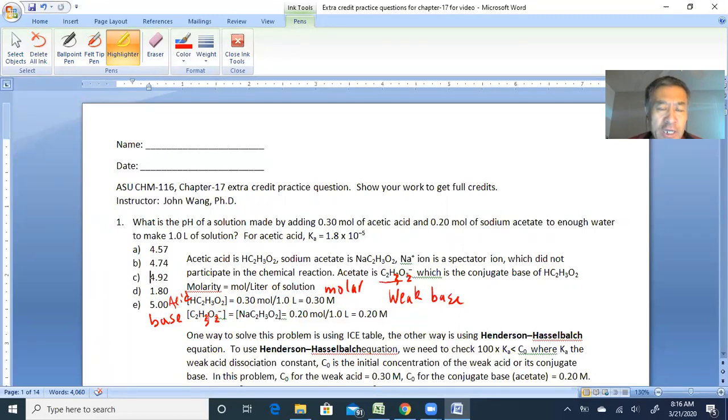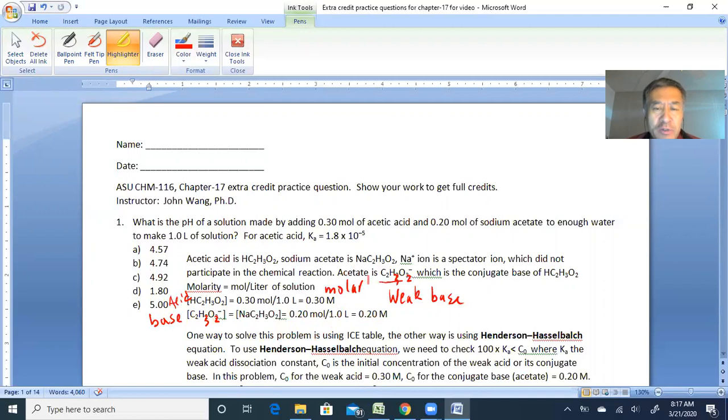That anion's concentration equals the concentration of NaC2H3O2 because there is one of this base for one of this salt. So we're given this much of the salt, and therefore we find this molar concentration, which is the molar concentration for the base.